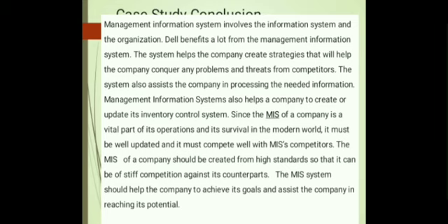It must be well updated and must compete well with competitors' MIS. The MIS of a company should be created to high standards so that it can be stiff competition against its counterparts. The MIS should help the company achieve its goals and reach its potential.